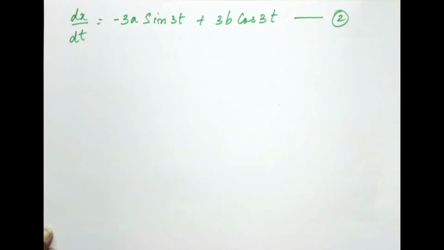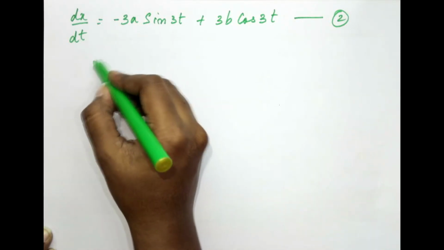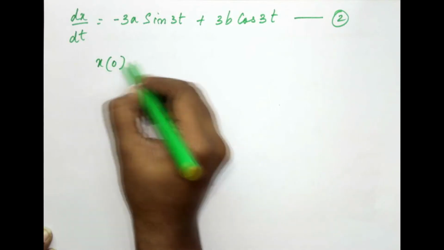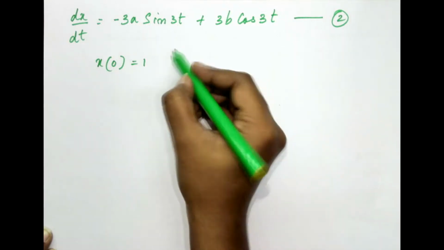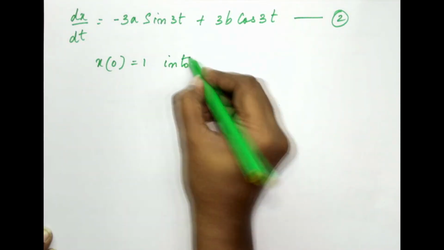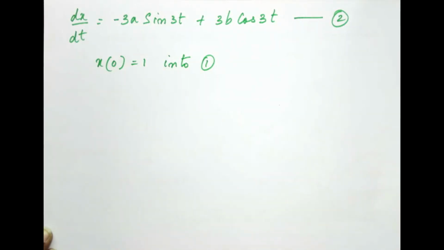Now the initial condition given to us in the question was x of 0 equals 1. That is one of the conditions given. So let's substitute this into the first equation.